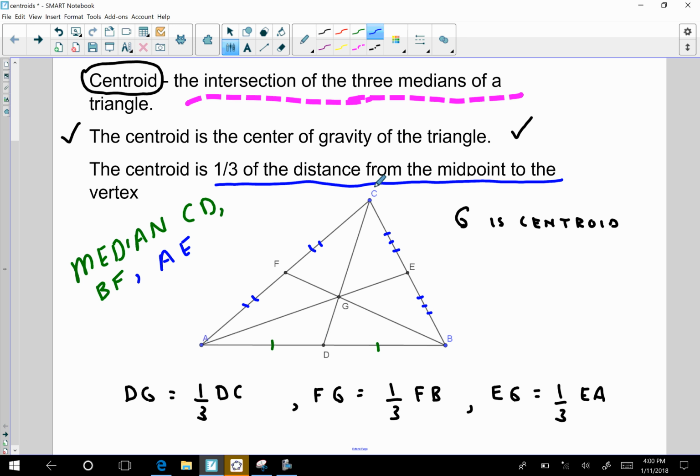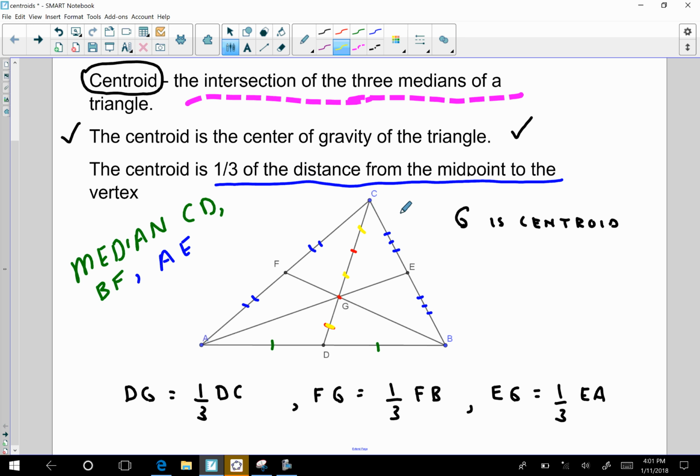It's really going to be handy if I divide this median into thirds. Let's label those with yellow. Those segments are all going to be congruent. I've split that median up into three equal distances.